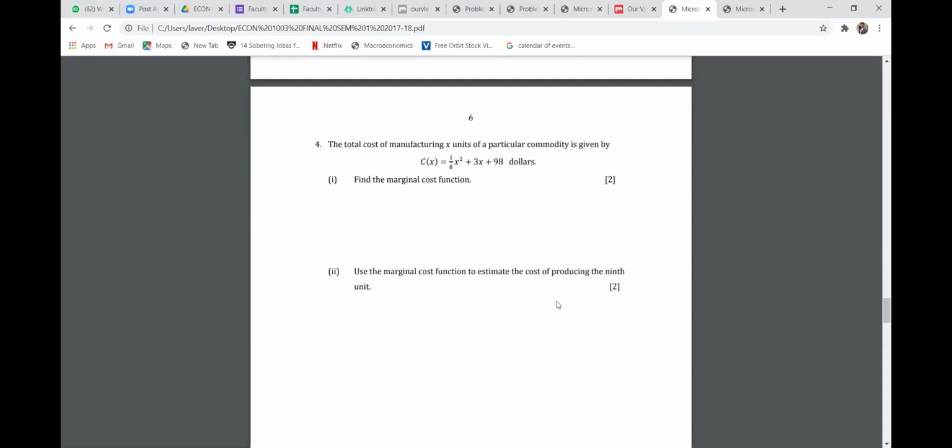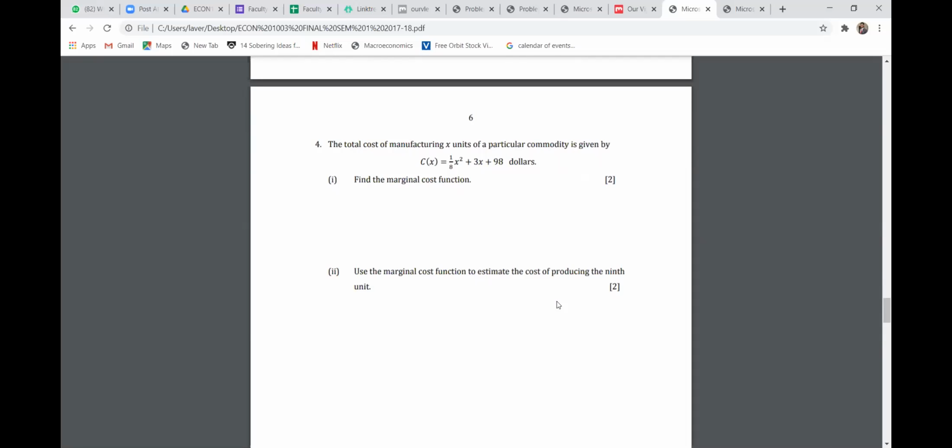It says the total cost of manufacturing x units of a particular commodity is given by the function C of x equal to 1/8 multiplied by x squared plus 3x plus 98, $98, all of that equal to one singular figure.